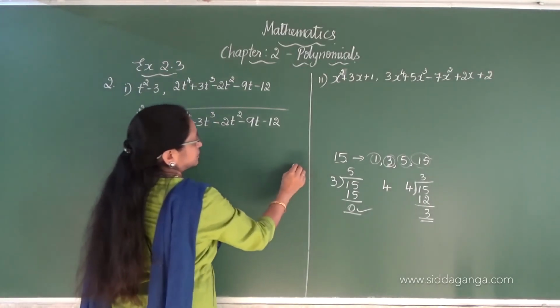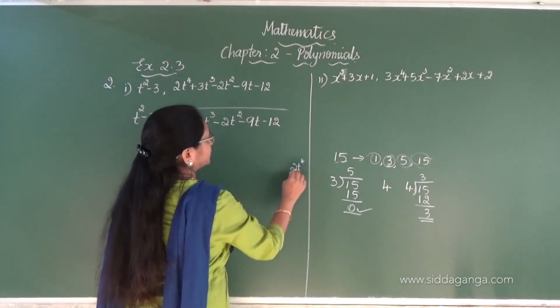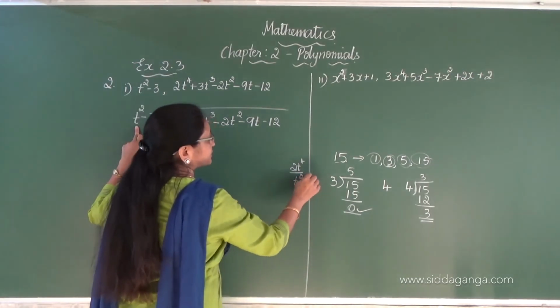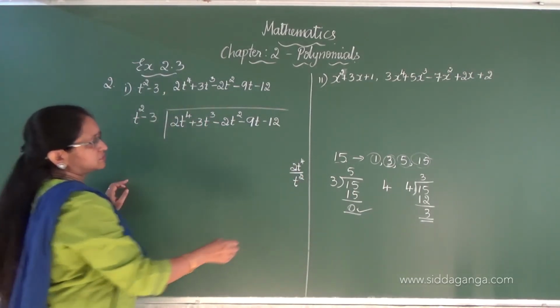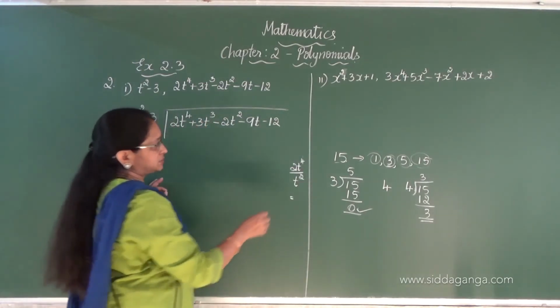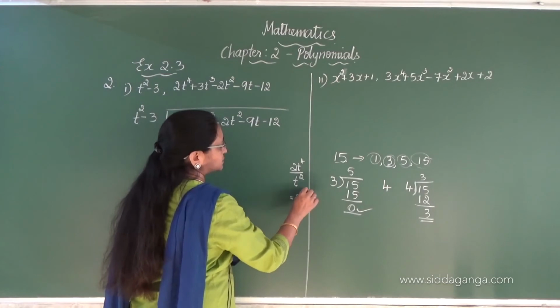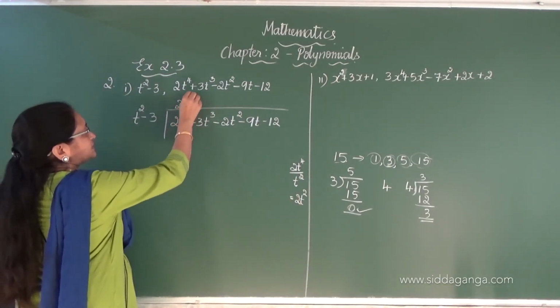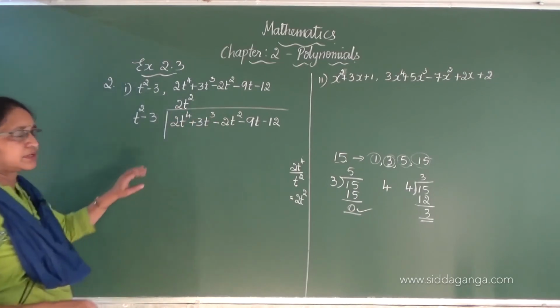So the first term, you take t to the power of 4 divided by the first term t square. T square gets cancelled, so 2t square. So the first term will be 2t square. I hope it is clear.